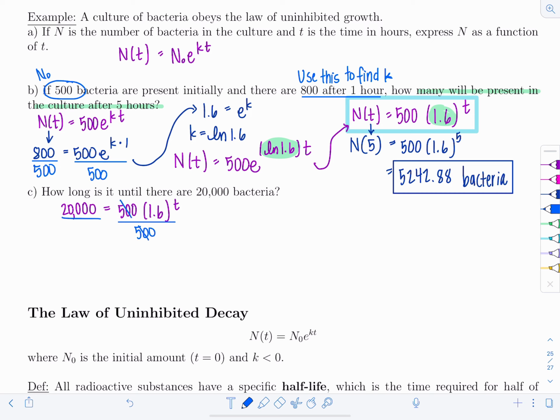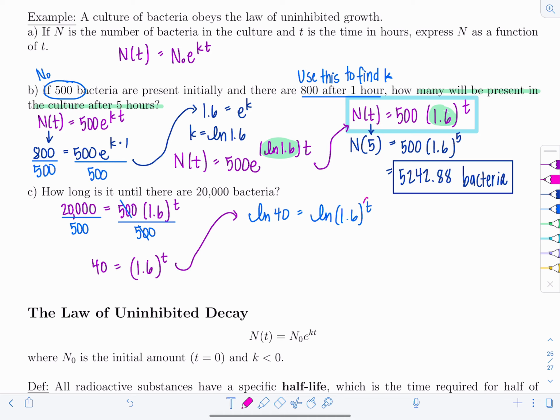Cancel, cancel. And now we have 40 equals 1.6 to the t. Again, we're going to take the natural log of both sides. So I have ln of 40 equals ln of 1.6 to the t. And then do you remember solving logarithmic equations like this?